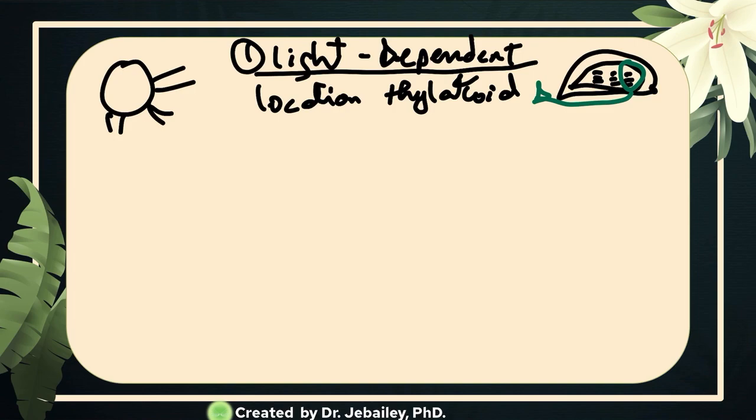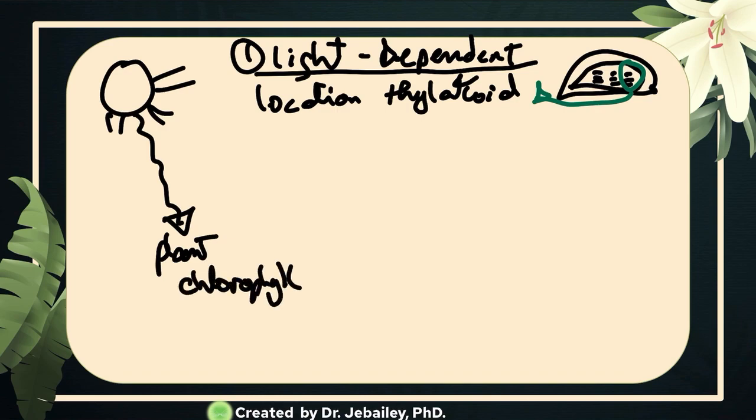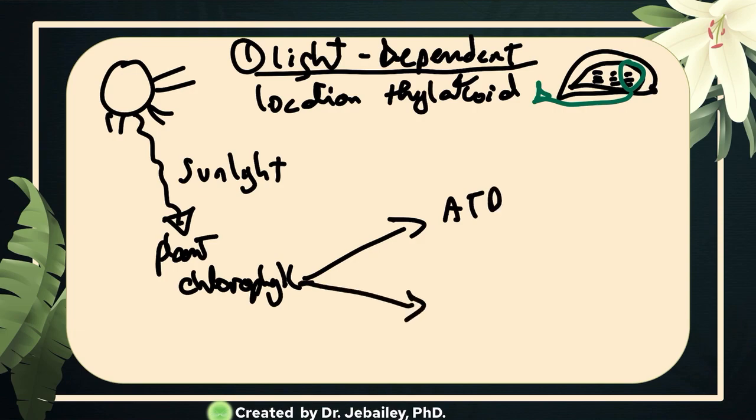So when this is happening, the sun is hitting its light on the plant, right? And the plant will use its chlorophyll and convert that sunlight into two things, ATP and an energy carrier. We call it an energy carrier because it's carrying energy.